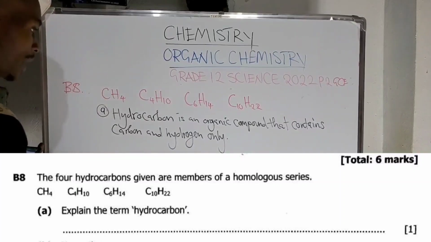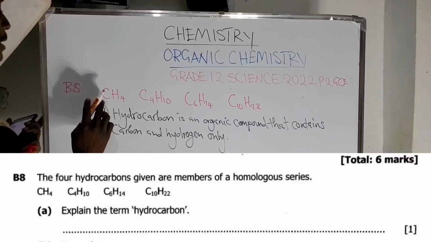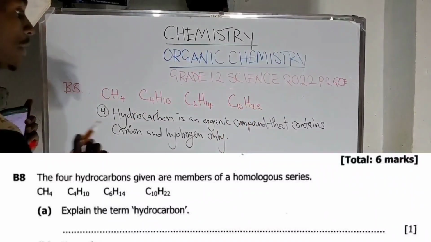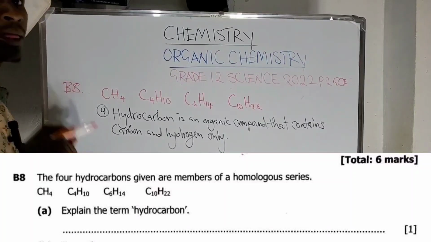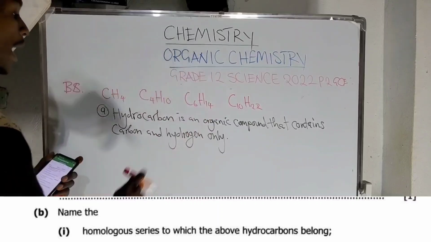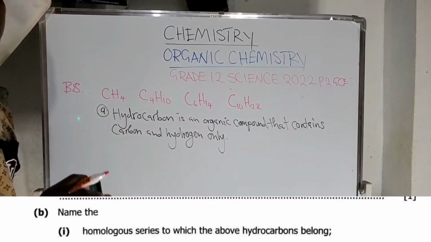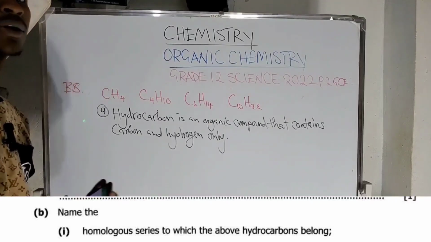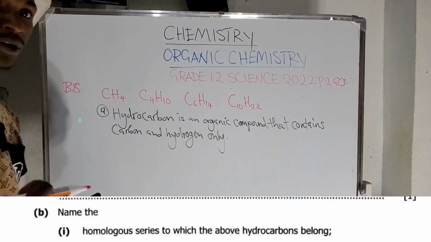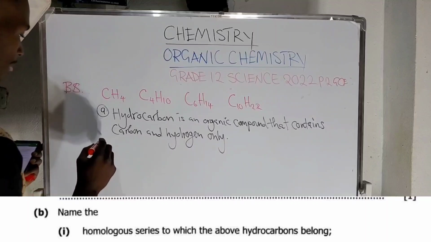If you look at these compounds here, there is carbon, hydrogen, carbon, hydrogen, carbon, hydrogen, carbon, hydrogen. There is no oxygen or any other element. So these are hydrocarbons. Hydrocarbons are simply organic compounds that are made up of carbon and hydrogen atoms only. Question B.